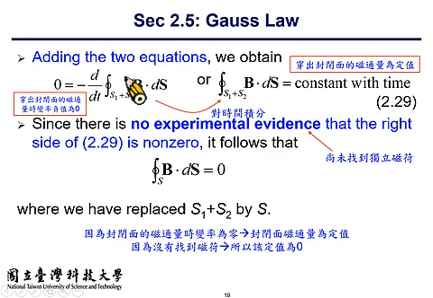Then if you add up the two equations, because C1 and C2 are literally the same contour with opposite direction, the left-hand side adds up to 0, while the right-hand side becomes the negative time derivative of the closed surface integral of magnetic flux B over S1 plus S2.